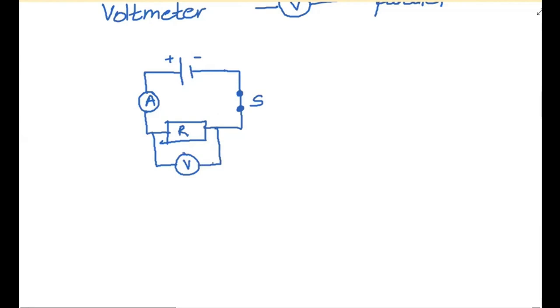So that voltmeter at the moment is connected in parallel with the resistor. And the ammeter is connected in series with the resistor.